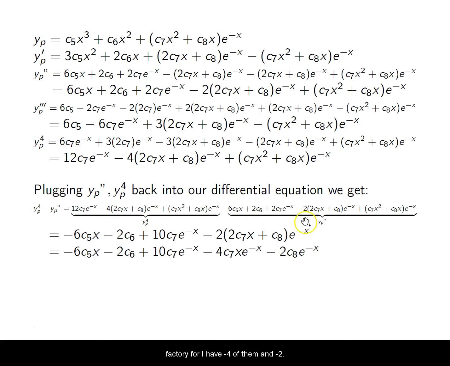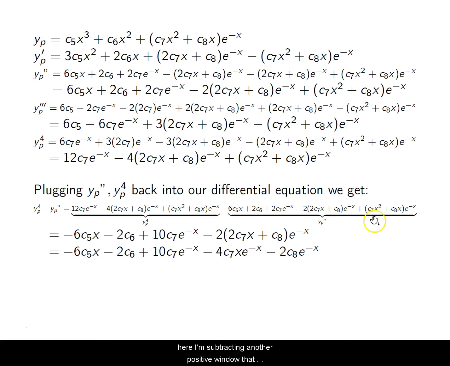I have minus 4 of them and minus 2 of them, but I'm minusing a minus, right? So what does that give me, right? That should give me a negative 2 of those, right? Negative 4 basically plus 2 is still negative 2, right? So that's where this one comes from. The c7 x squared plus c8 x squared, I have a positive one here.